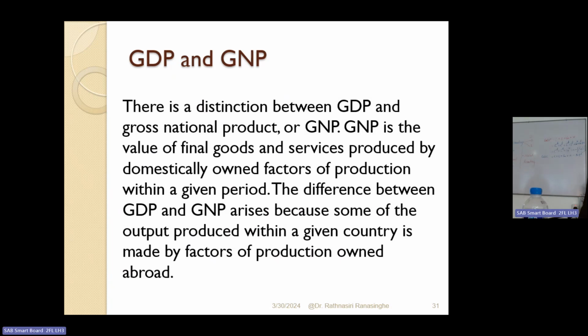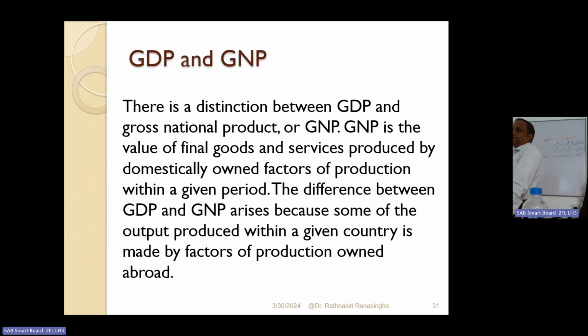So GNP means the total national output. That includes all the production, the output produced by our nationals, regardless of the location, domestically or in other countries as well. That's why we have this net factor income.